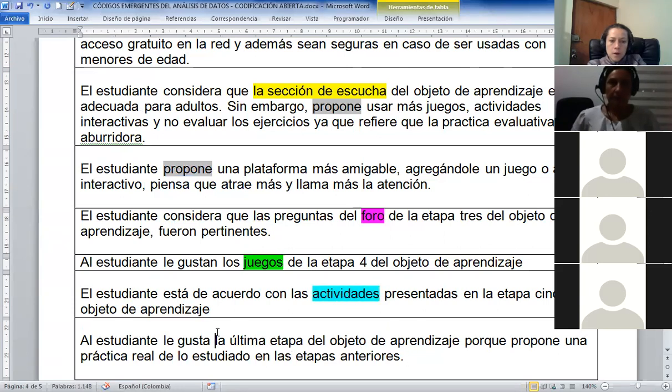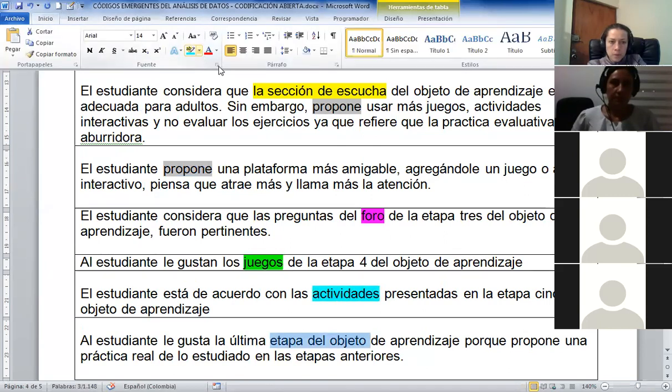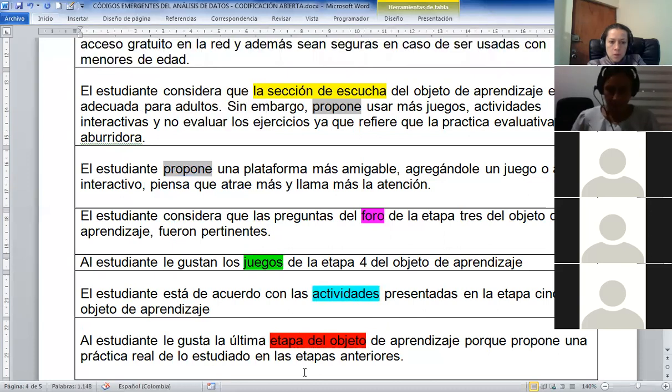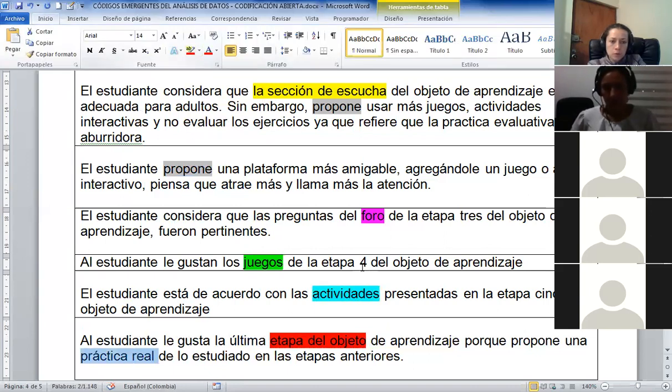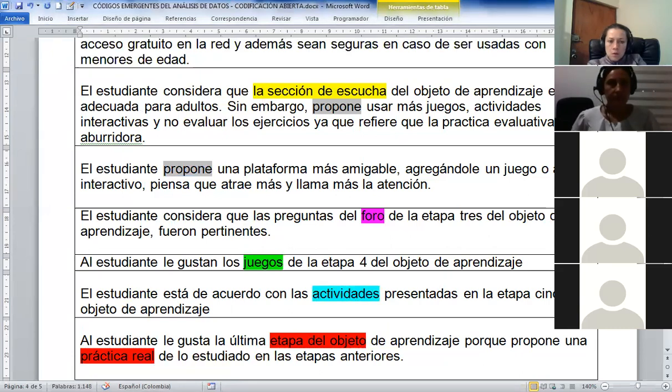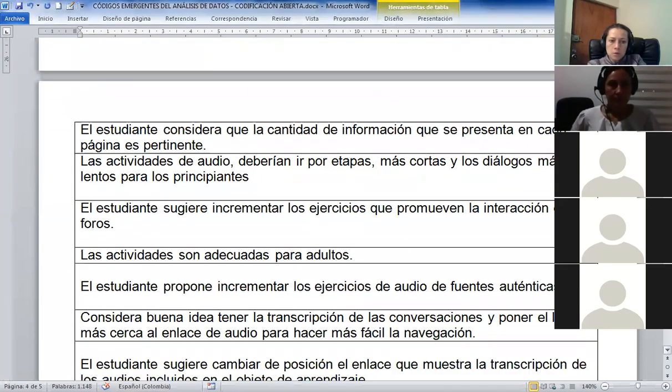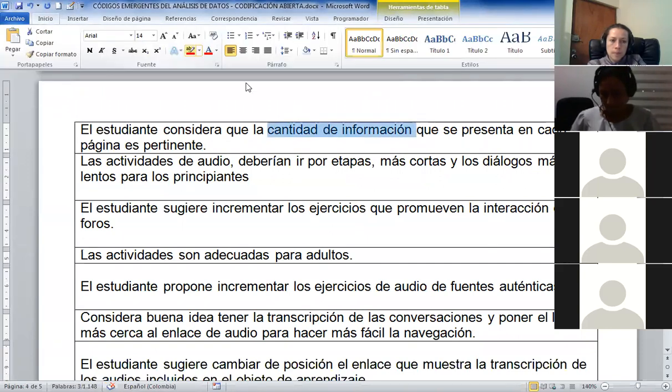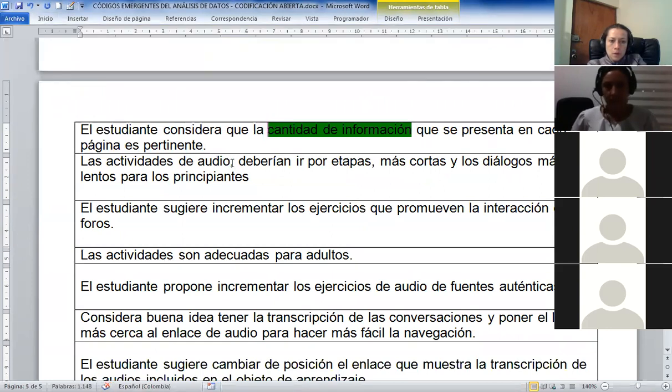Here this is about the last stage, which gives students the opportunity to use what was studied to do something real, according to this student. This one is about the amount of information. Listening exercises. I think we had already something about listening up.